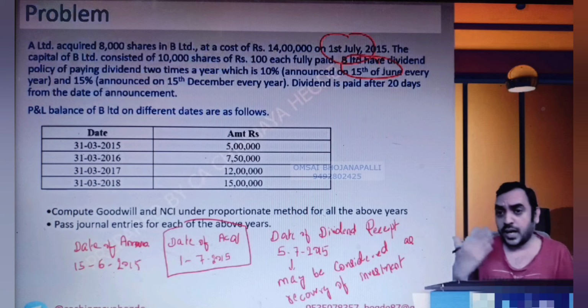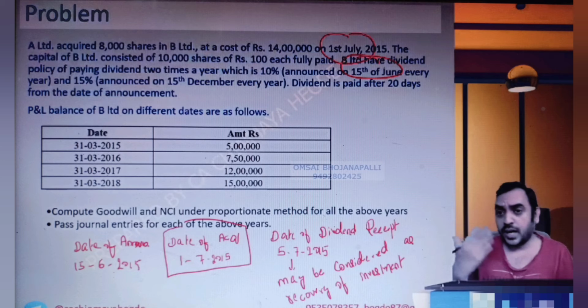Date of acquisition, 1st of July 2015. And when is the first dividend received? As per our calculation, 5th of July 2015.